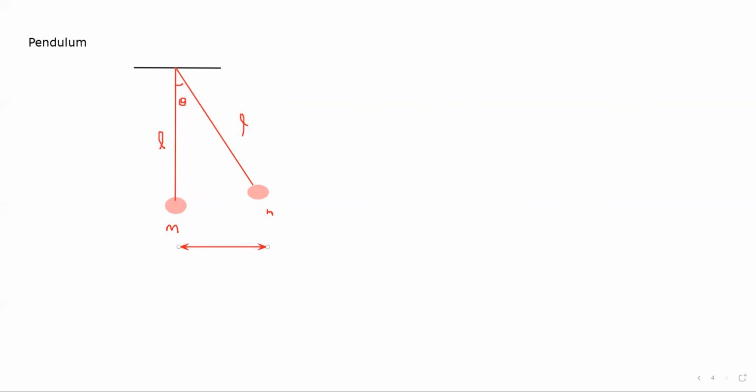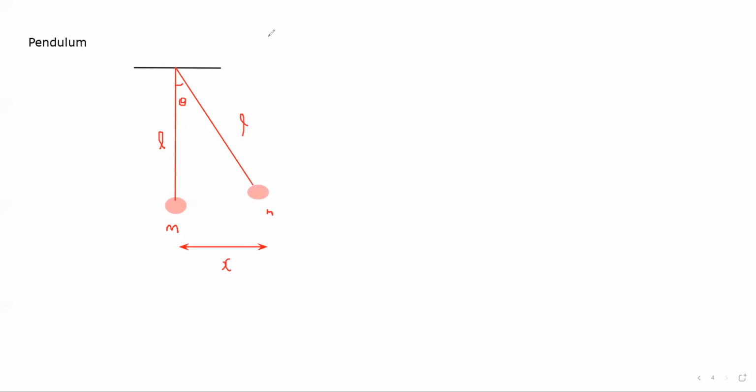The maximum displacement will be the amplitude, and the distance at a particular point is known as the displacement. So from the mean position, say this is x. Here we want to show that it is also performing a simple harmonic motion.